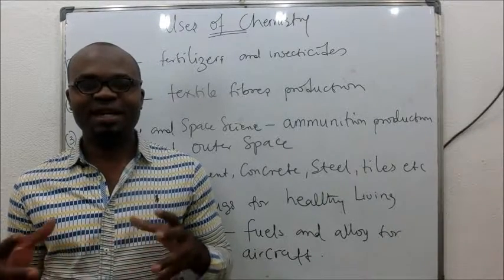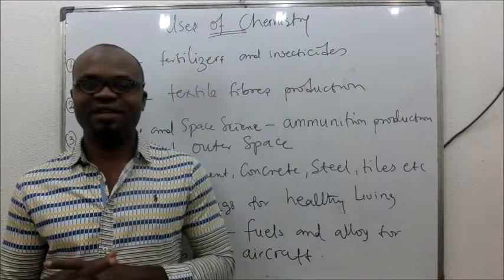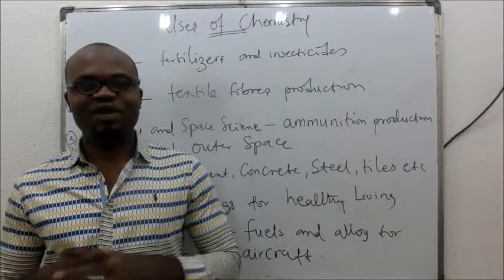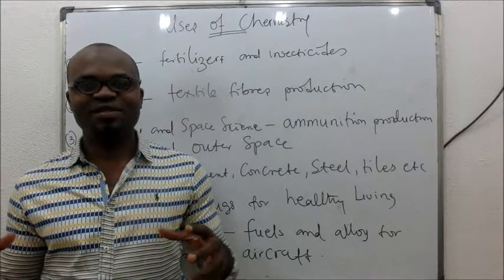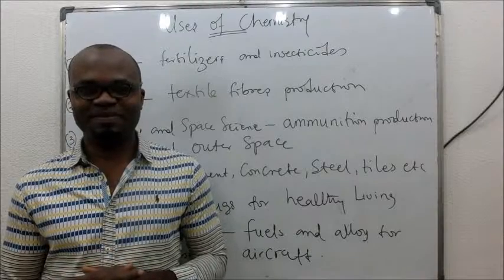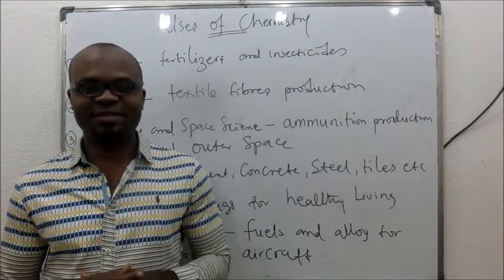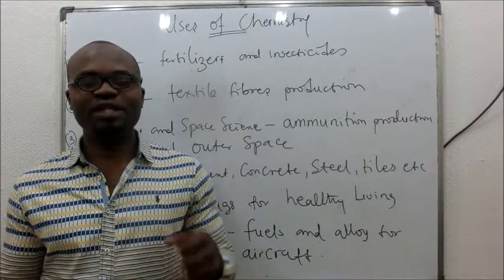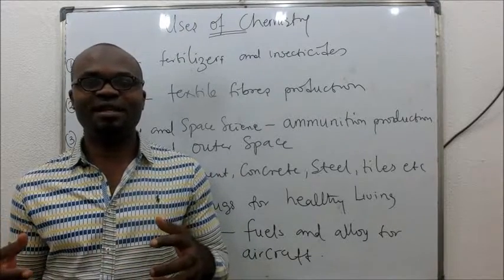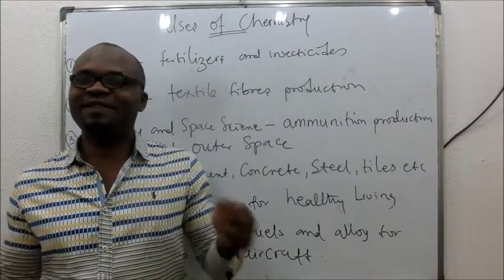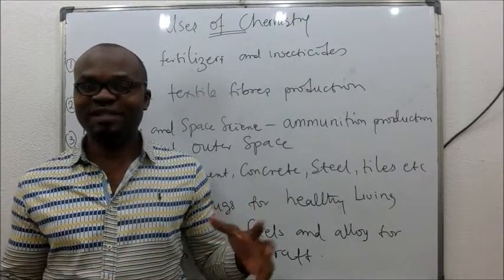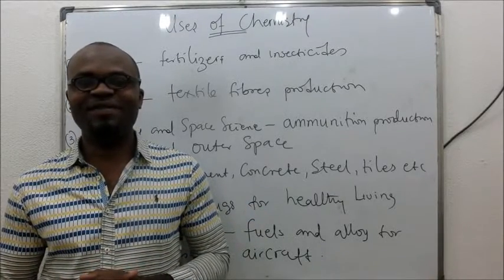The gunpowder and the ammunition that we need for our military, we also need chemistry to know the way to produce them. In medicine and in pharmaceuticals, where we produce drugs, we need to know the right chemicals to mix together in order to get the right effect. So all these things are the uses of chemistry.